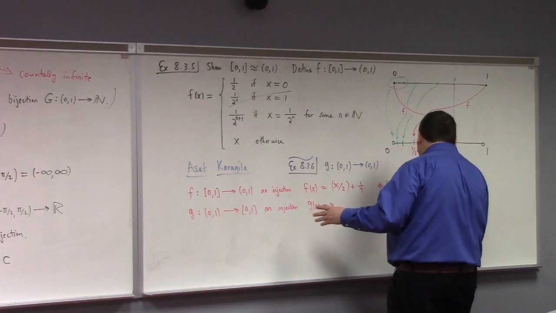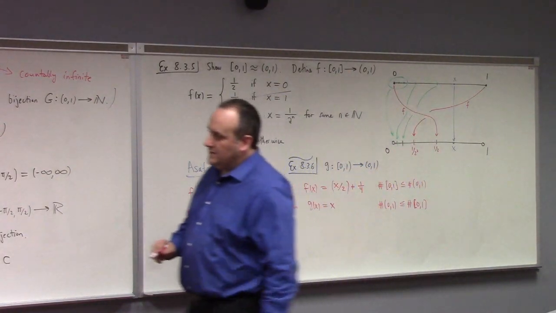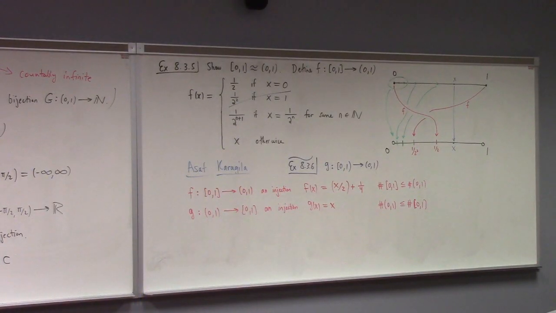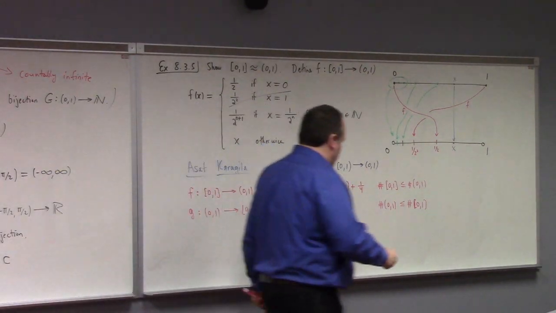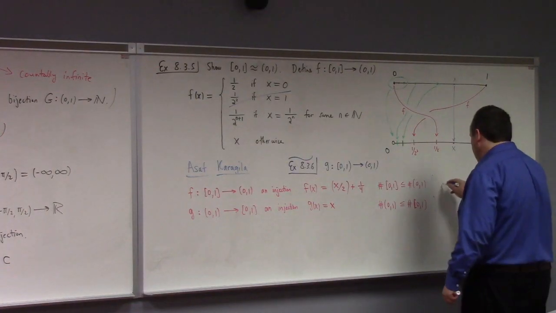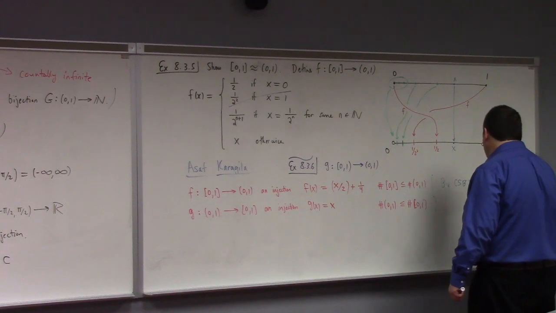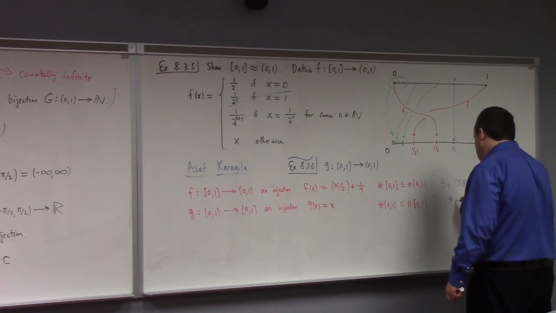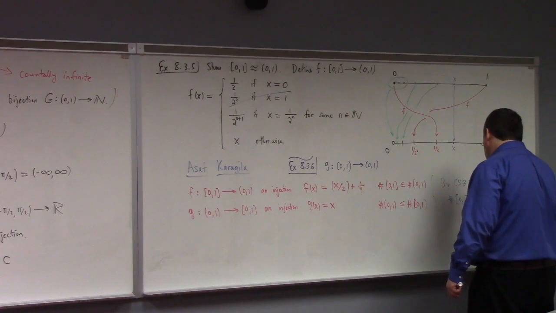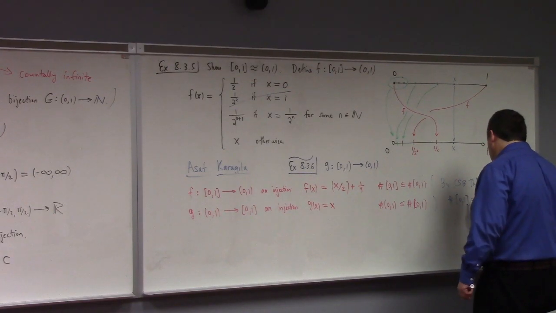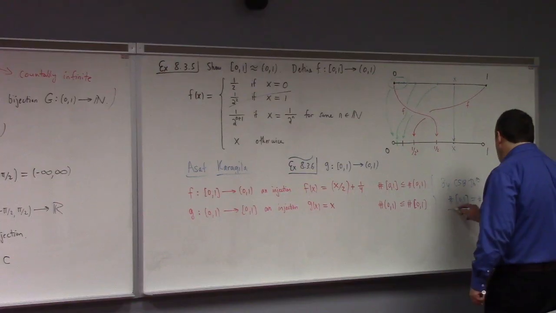If I remember my definition of transfinite arithmetic that I wrote over here, the cardinality of A is less than or equal to the cardinality of B if there is an injection from A into B. So by the Cantor-Schroeder-Bernstein theorem, the cardinality of the closed interval 0 to 1 is equal to the cardinality of the open interval 0 to 1. Yay.